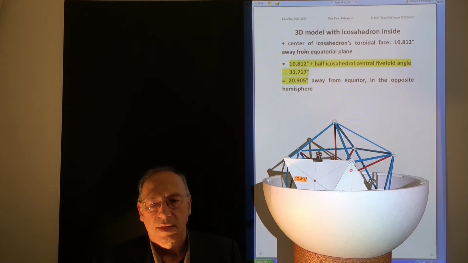Now this kind of construction is shown here as suggested to be representative of the interior of the Sun.